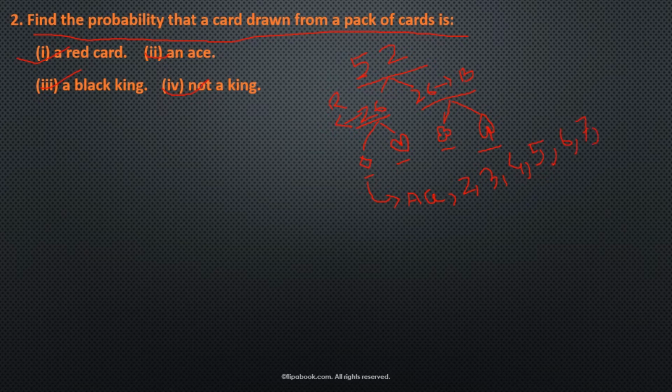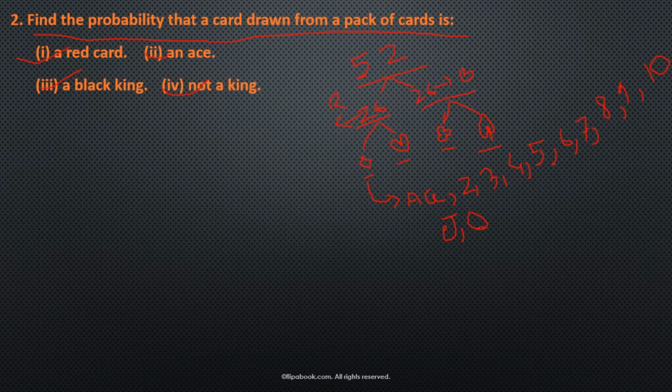So after ace, there are number cards from 2 to 10. After 10, you have jack, which is represented with the letter J. Then you have queen, which is represented by Q, and the last one is king, which is represented by the letter K.